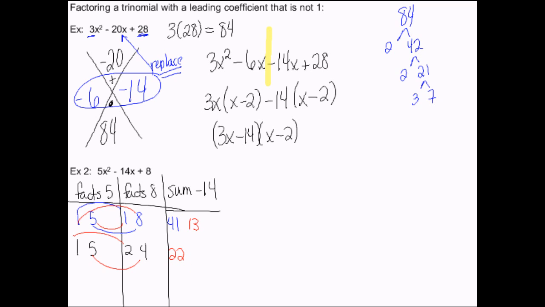And then I can try 1 times 4, and 5 times 2, that's 10 and 4, so that's 14. So far, I found them. I needed to multiply my 1 times my 4, and my 5 times my 2. Okay.